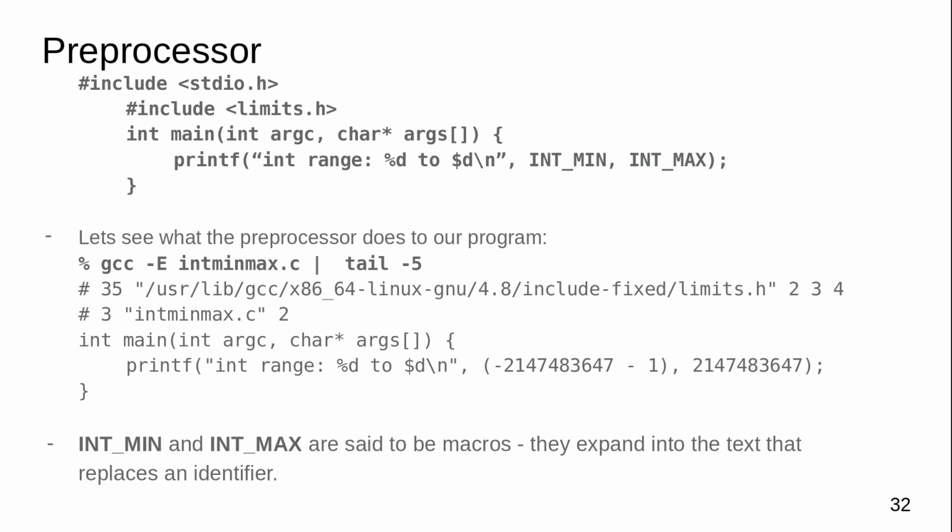So in the last 5 lines, we have some other defines and things that it's doing right here, but then we have our actual main method. And notice, before we had int min right here, and we had int max right here. This has been substituted in to be int max minus 1, and this has been substituted in to be int max, right?